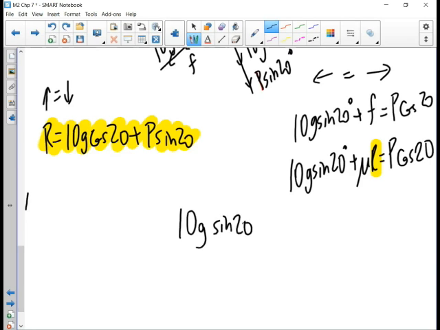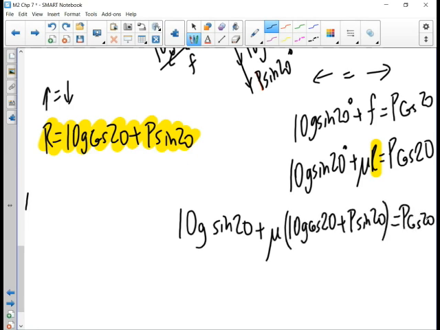So pay attention. You don't want to skip. Sometimes students will stop writing a g, copy the wrong things. Yes, it's a very simple skill. Copy the previous step, but students will make a mistake in it, including myself. Plus mu times R. R is now 10g cos 20 plus P sine 20 equals P cos 20.